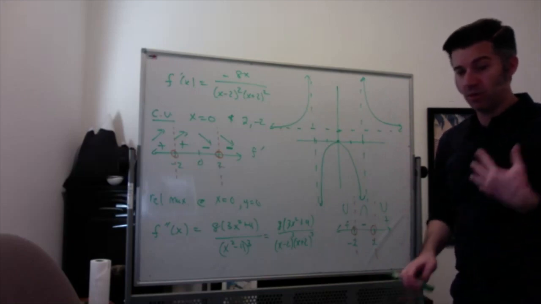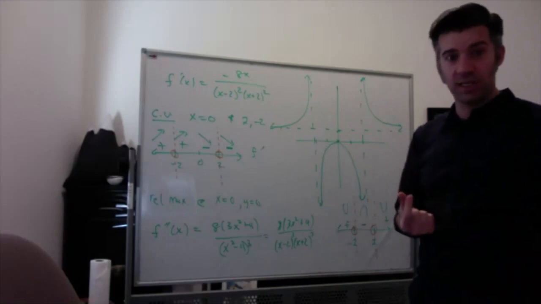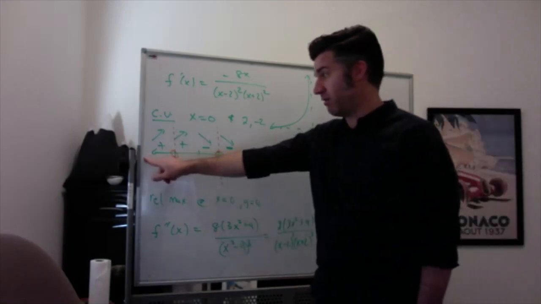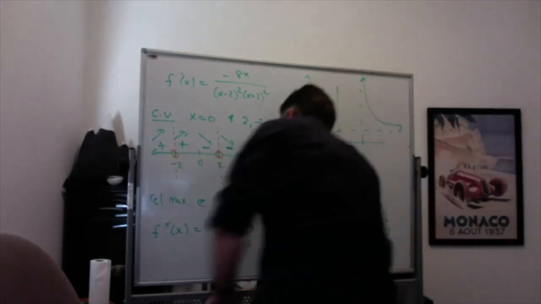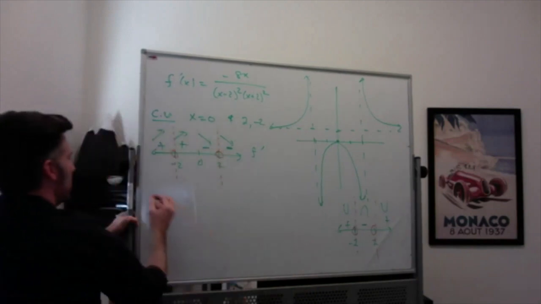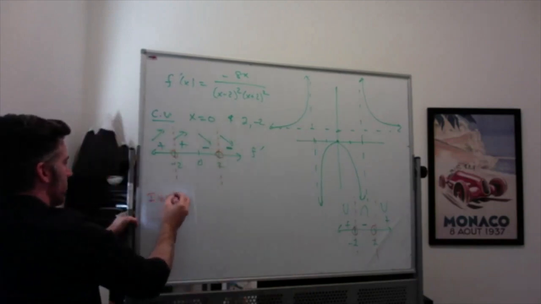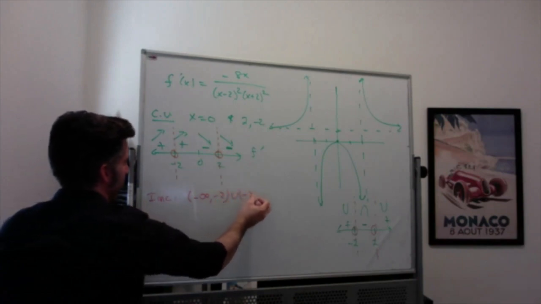To answer a couple more questions about this function, we would say that it's increasing on the interval from negative infinity to... I should write it down. I'm going to erase the second derivative here. So we would say that this function is increasing from negative infinity to negative 2, union negative 2 to 0.